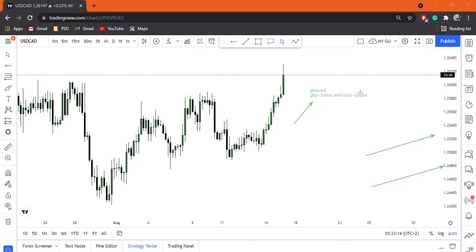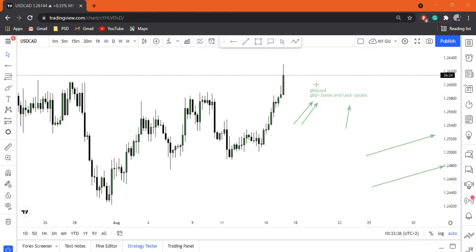I'm paying 1.26 to get one of the base currency. Or if I'm selling pound USD, I'm selling one pound, and then I receive the 1.26 of the USD. That's the basics of it.